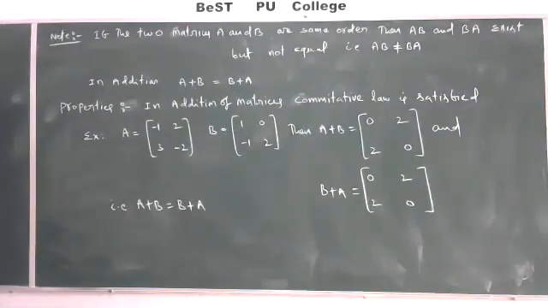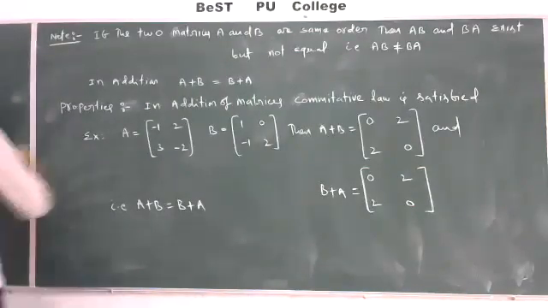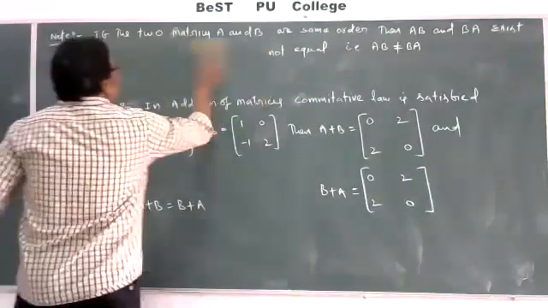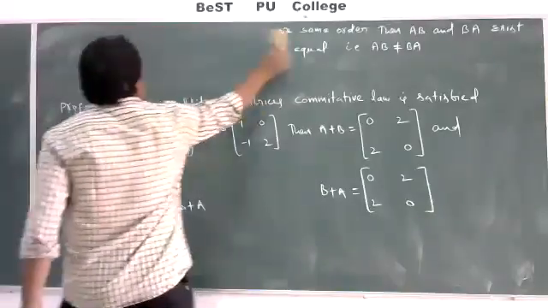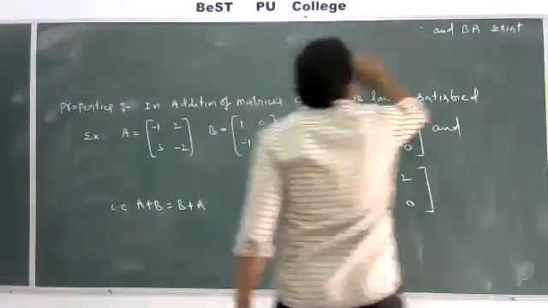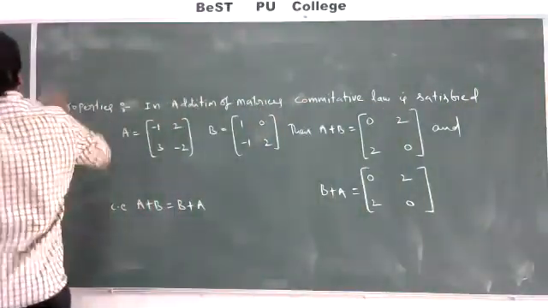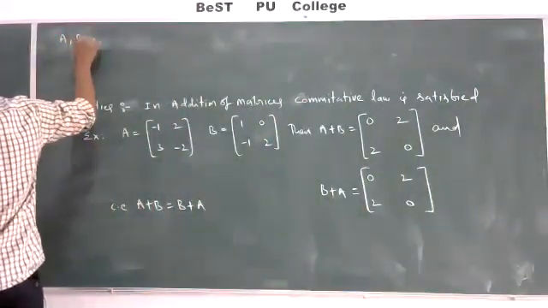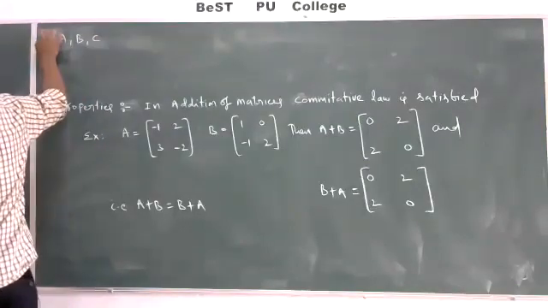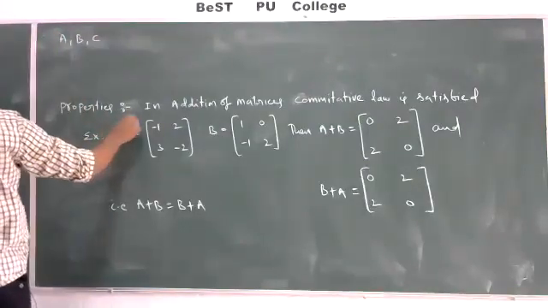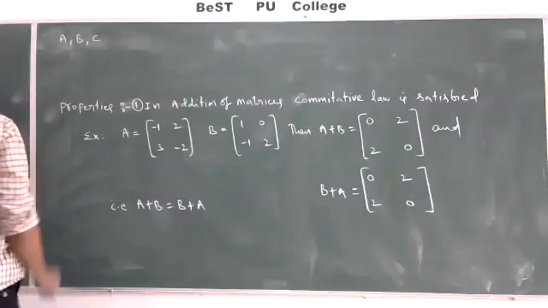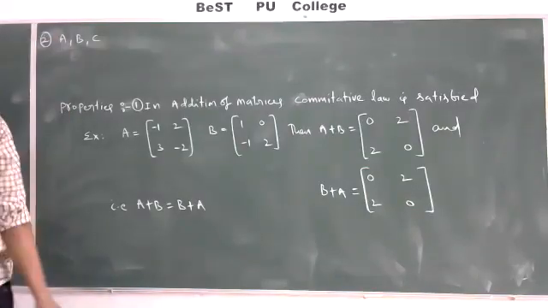Like that, the associative law. You remember the associative law? A, B, C are any three matrices of the same order. This is the second point.